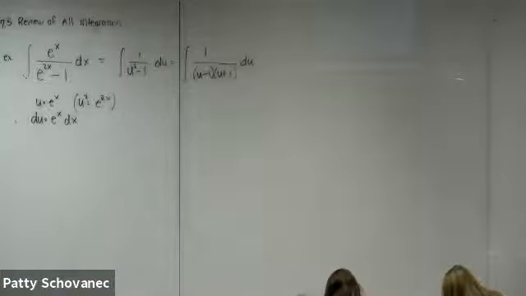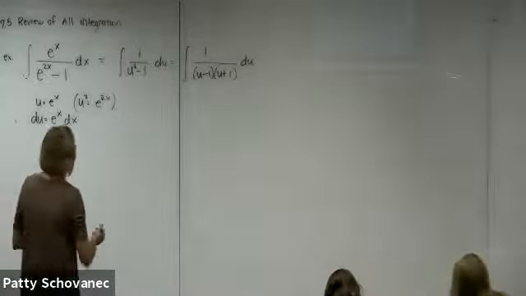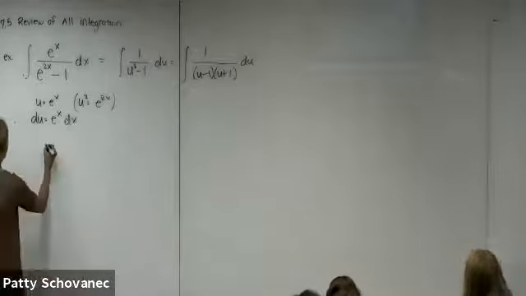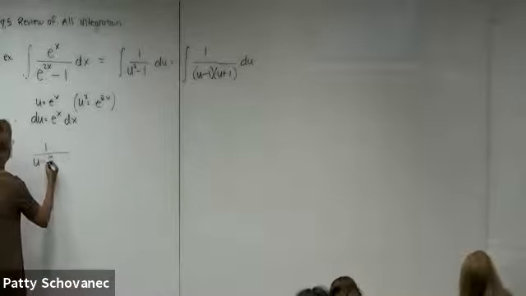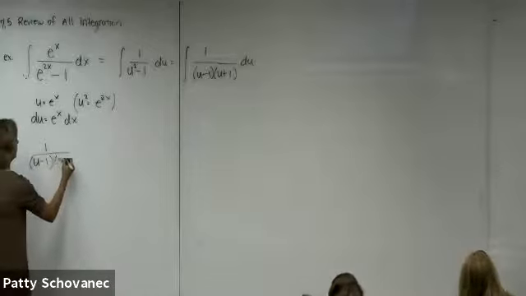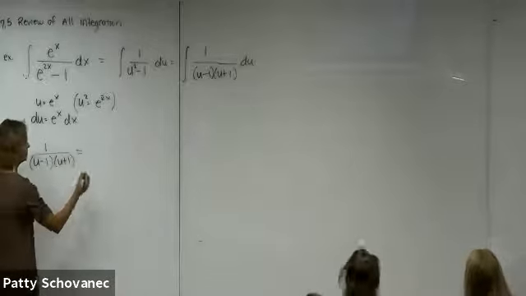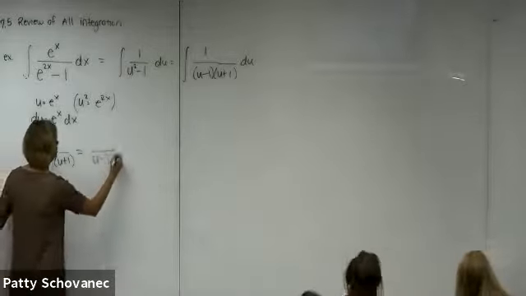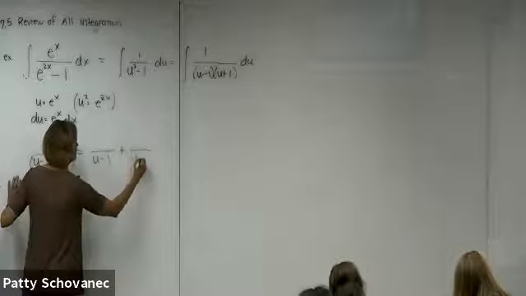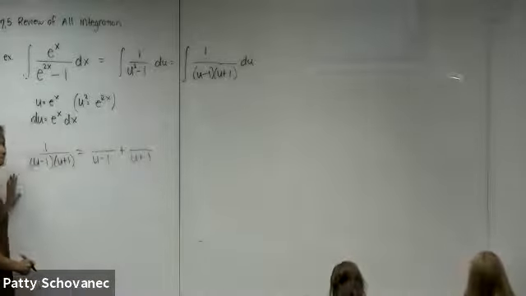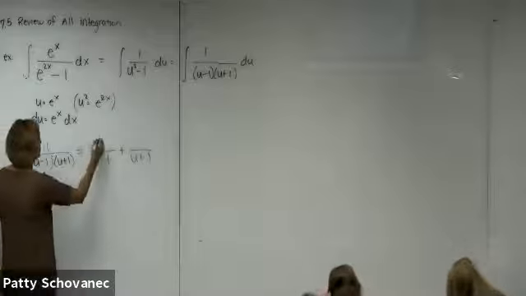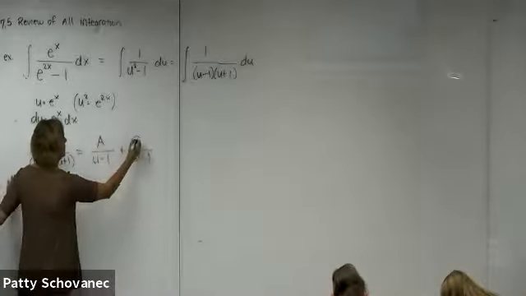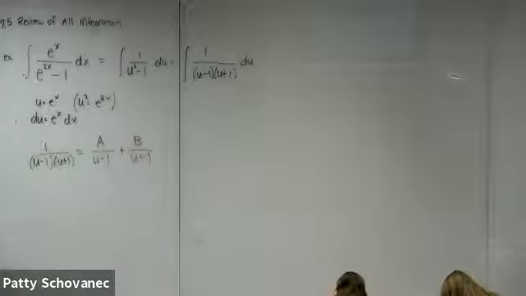So do the partial fraction decomposition on this. Find out how this breaks up. Something over u minus 1 plus something over u plus 1, and both of those would be constants. Let's see if you can find those constants real quick.